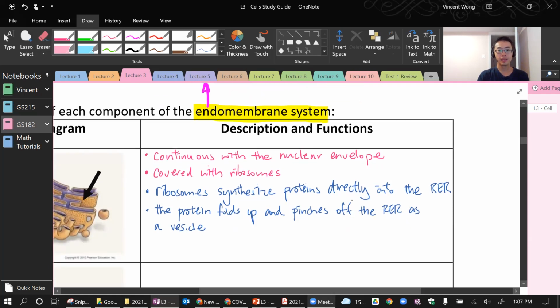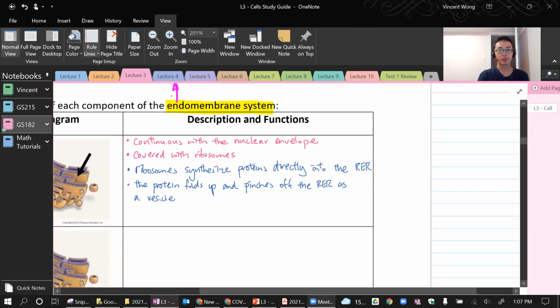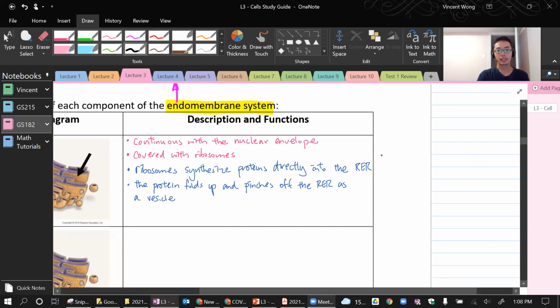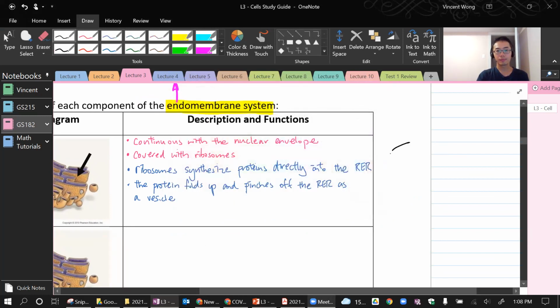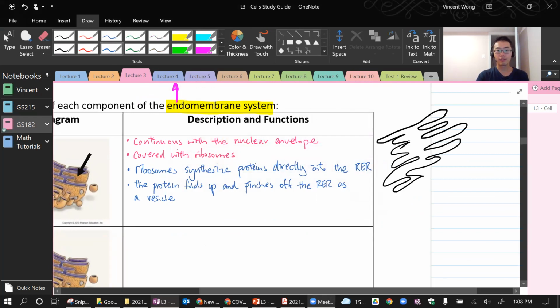Okay. So what does that look like? Zoom out a little bit. So we have the, oops, it's too thick. We have the rough ER here. Okay, it's just a bunch of channels. Okay. And then you would have your ribosomes on them. Right. So like this ribosome here would produce a protein, like a polypeptide. It would link all the amino acids together. Okay. And this long chain will fold up. Right?